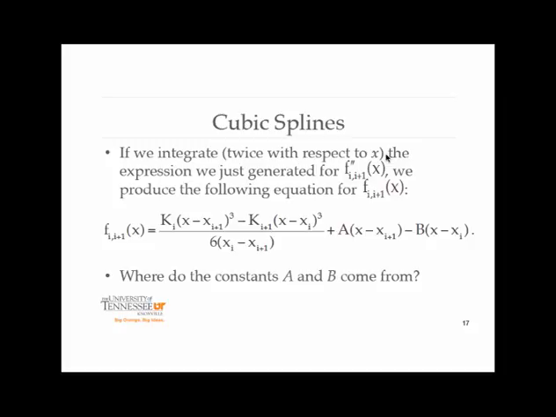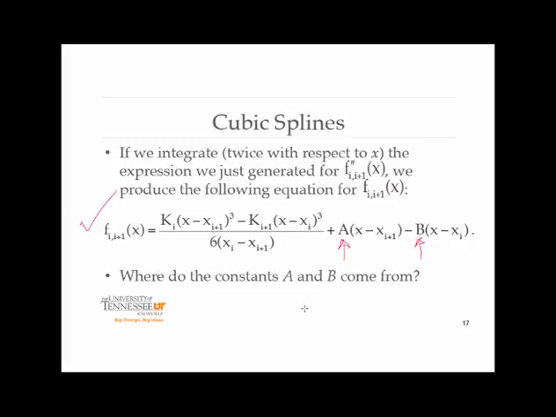Well, we have a form for the second derivative on each of the subintervals. We would just integrate twice. So we would do an integration to get the first derivative, and then we'd integrate that first derivative. And what you see here is what that two-step process of integration would produce, with the fact that there will be two integration constants. And that answers this question: where did the constants come from?